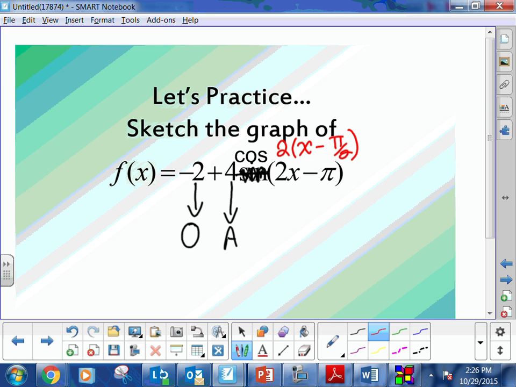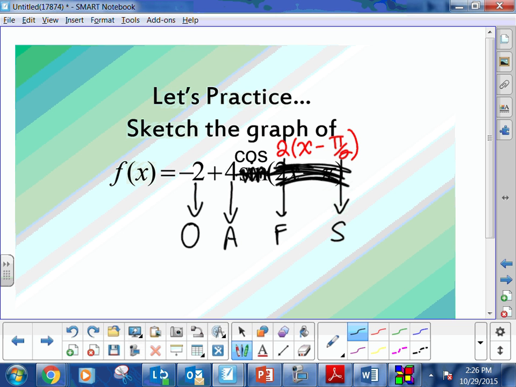Remember what I was talking about on the previous slide: the important part is that the F had to be outside the parentheses. So this is actually the F, and my starting point is not negative pi over 2.